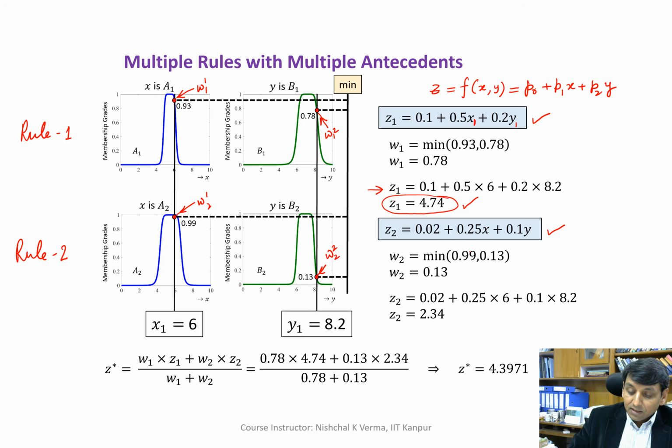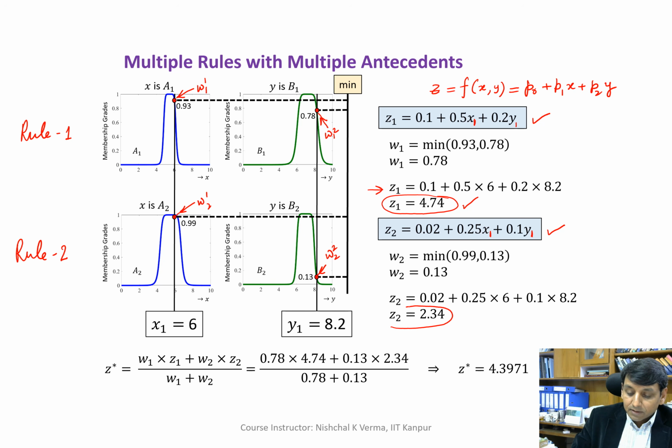So similarly, now we use rule number 2 and find the Z2. So here on the same lines, when we use x1 and y1 as the input, Z2 for the same x1, y1 we are getting as Z2 is equal to 2.34.